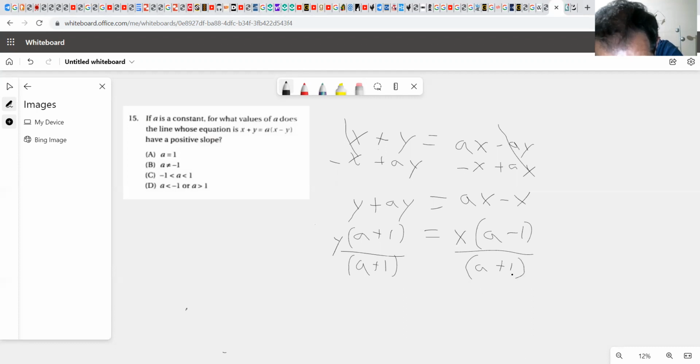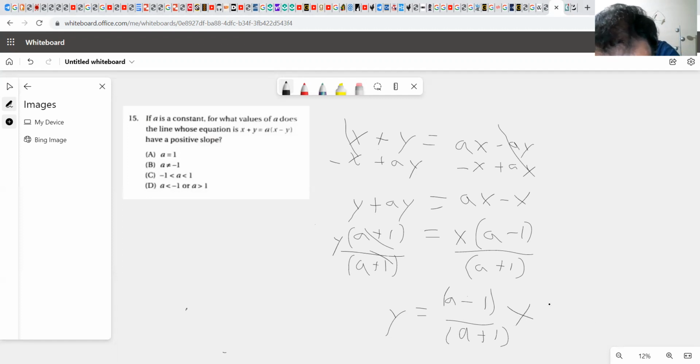Then these cancel out, and it is that format. So y equals, and the m value will just be (a minus 1) divided by (a plus 1), multiplied times x. And there's no constant, no b part.